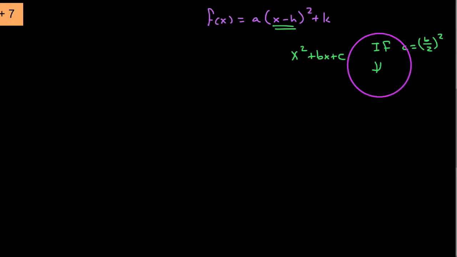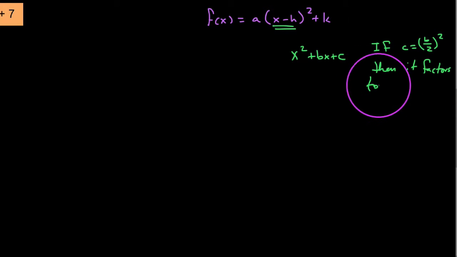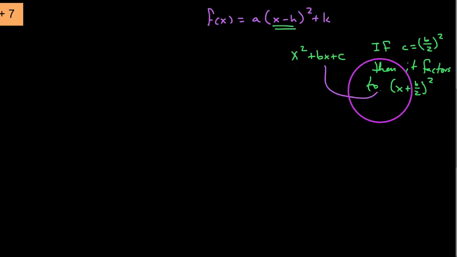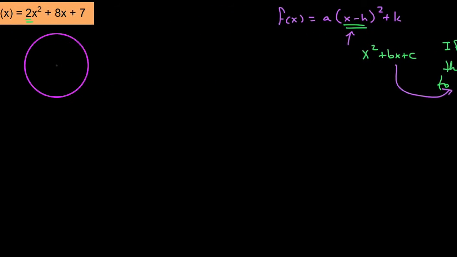Then it factors as x plus b over 2 squared. So essentially, if you take half of the b term, half the middle term, and square it, and you get c, then we could rewrite this as x plus b over 2 times x plus b over 2, or just x plus b over 2 squared. It's a perfect square binomial, or a square of a binomial.